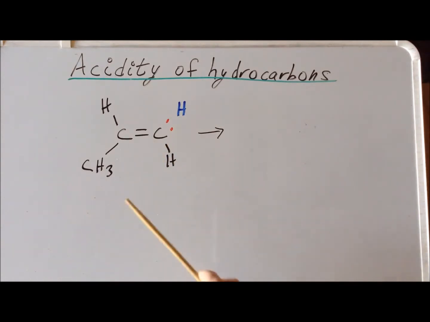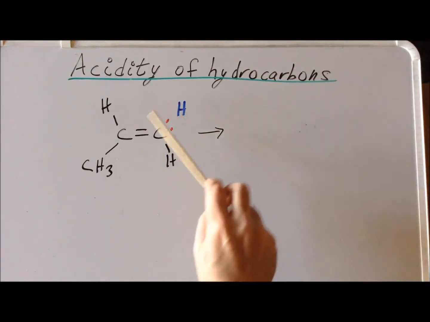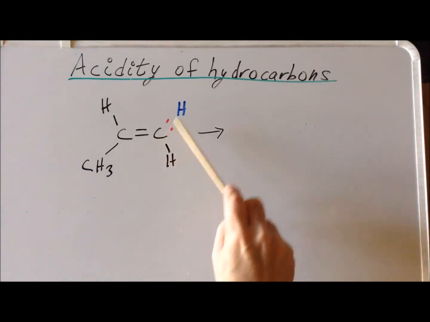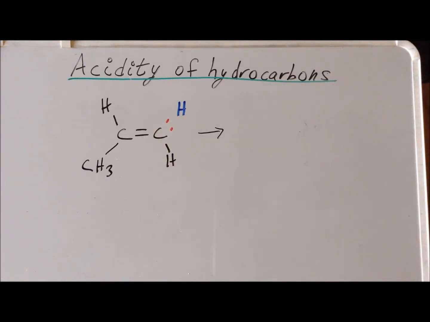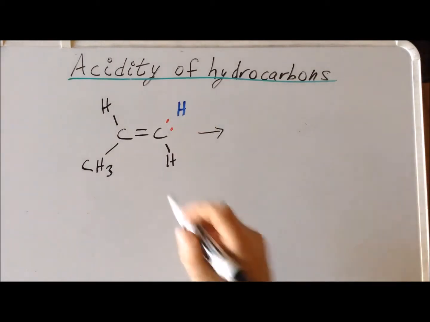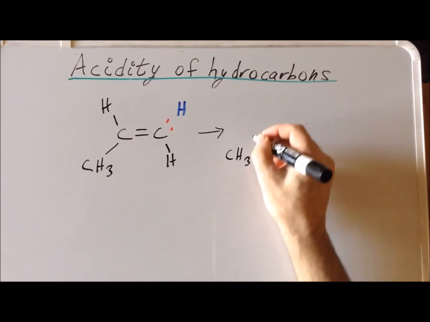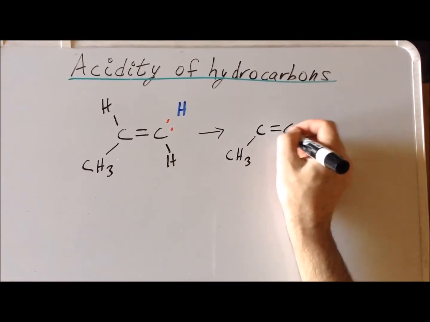So in this particular molecule, we're only looking at the acidity of the sp2 hybridized carbon that's at the end, the primary carbon. When propylene acts like an acid at this particular location, we end up with the expected conjugate base.